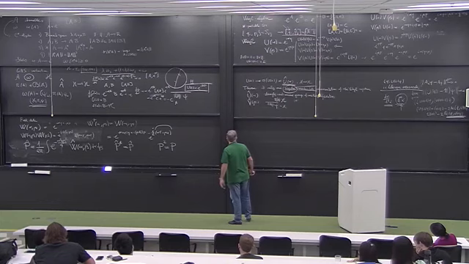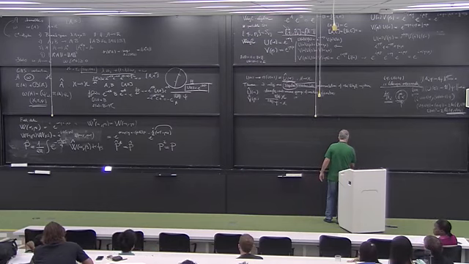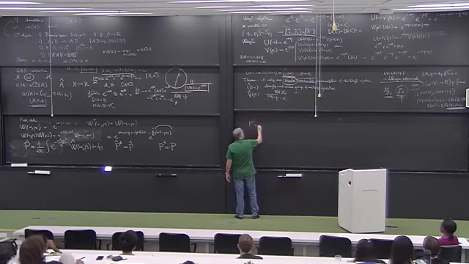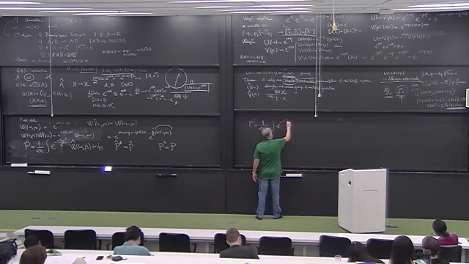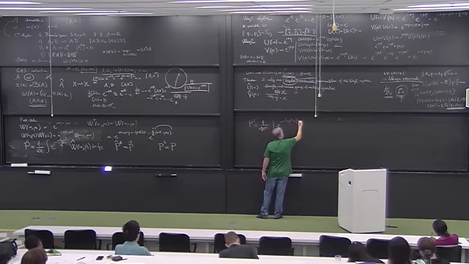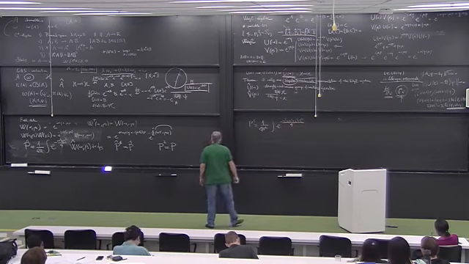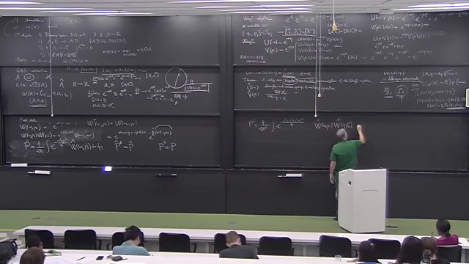P squared is one over 4 pi squared, integral of e to the minus alpha squared plus beta squared plus gamma squared plus delta squared over 4, W of alpha, beta, W of gamma, delta, d alpha d beta d gamma d delta.